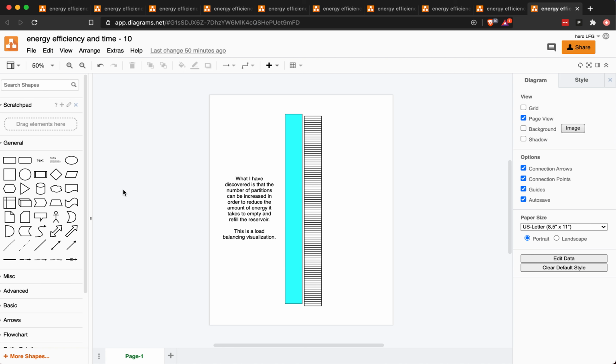And so I have a visualization, and it can be proved mathematically that you can do load balancing, or another way to phrase it is work cooperatively. So in every system, there is a way to work cooperatively in order to accomplish a goal by dividing the labor.